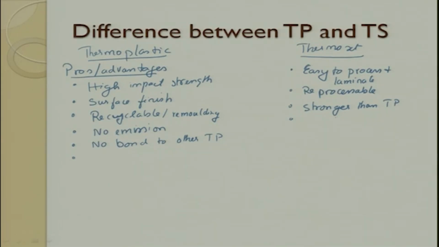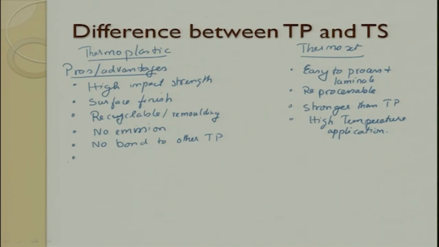Then it is suitable for high temperature applications, wherein thermoplasts are not so. And there is emission here. In thermoset, as and when it is getting cured, many a times it evolves gases which are toxic to operator and mankind.